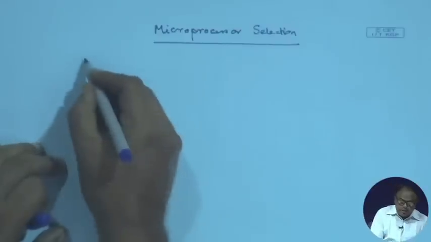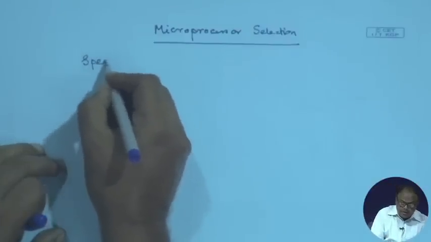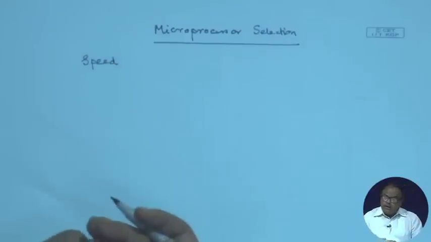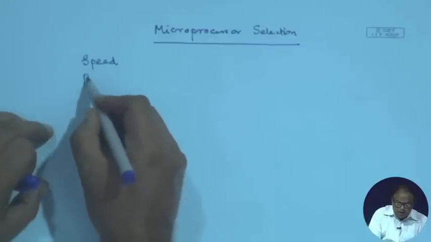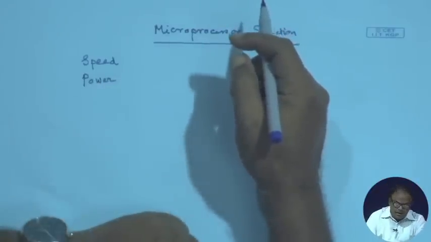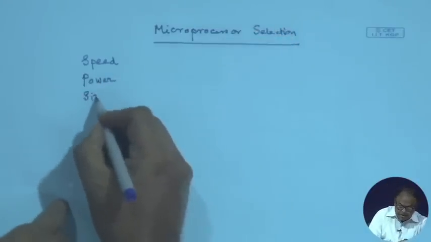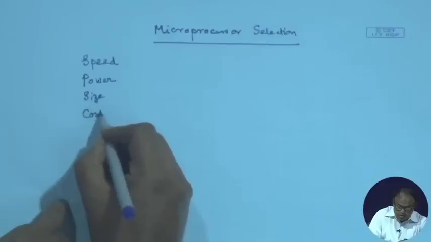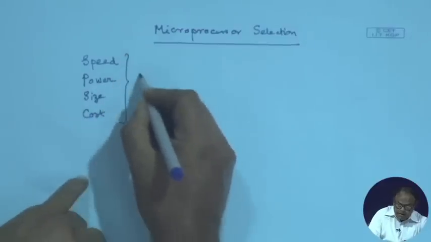One thing is of course speed. Another point is the power that is spent, the size, cost. These are all the technical specs maybe.